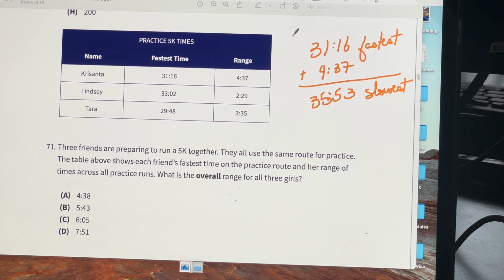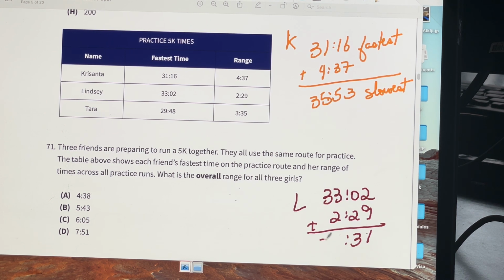So we already have Chrysandra. Let's do Lindsay over here. It's a different color. So Lindsay ran her fastest at 33:02, and then the range was 229. So let's find out what her slowest was. If we add this, we get 11:3. Her slowest time was 35:31. So this is her fastest time.